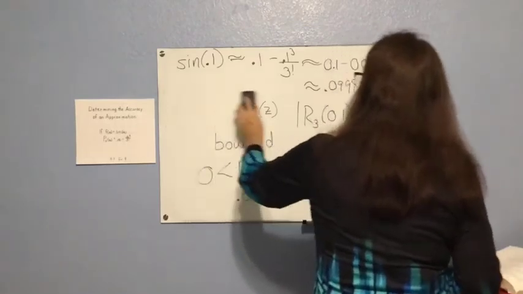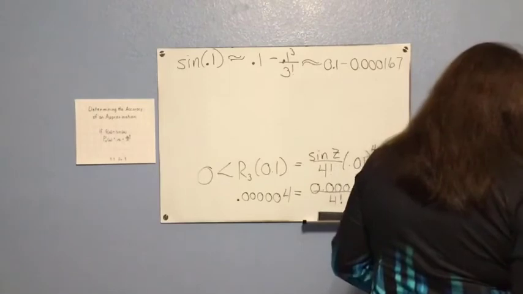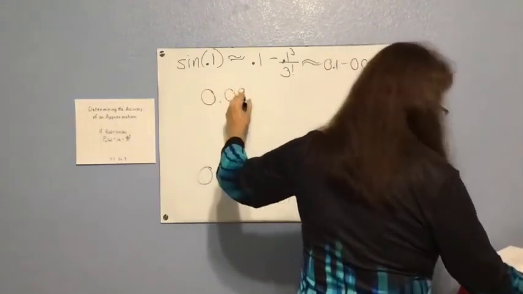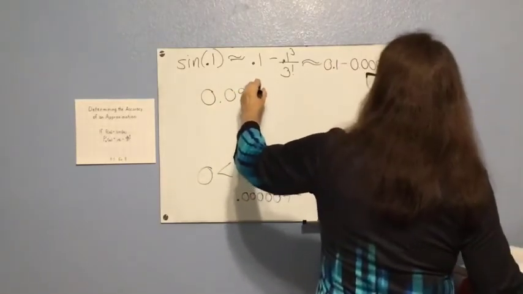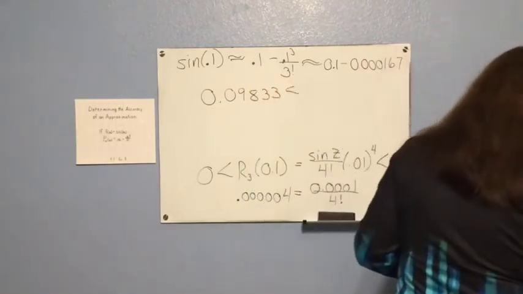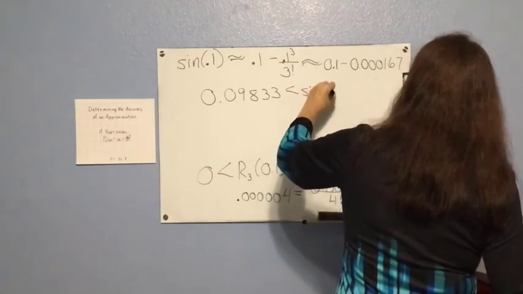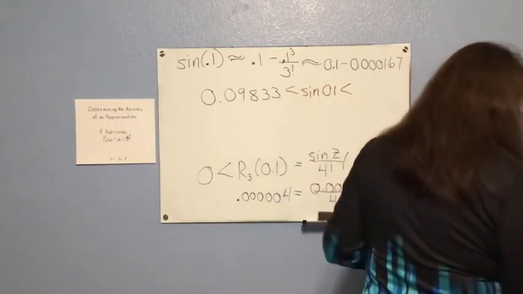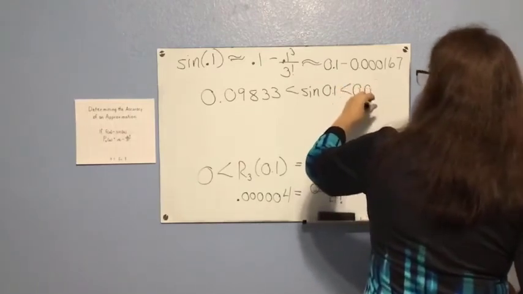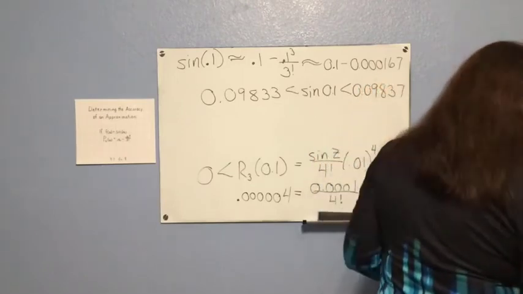Okay, so we could write this as 0.09833 is approximately sine of 0.1, with an error bound, and 0.09837.